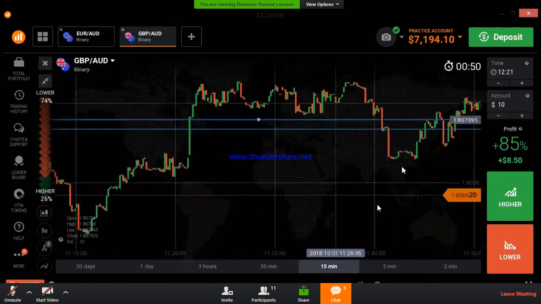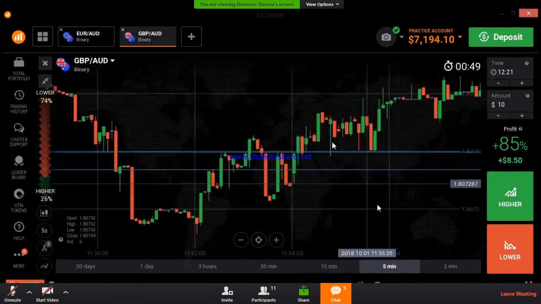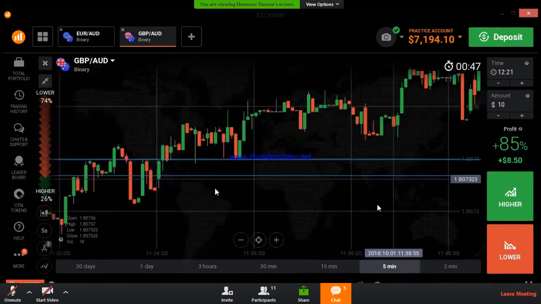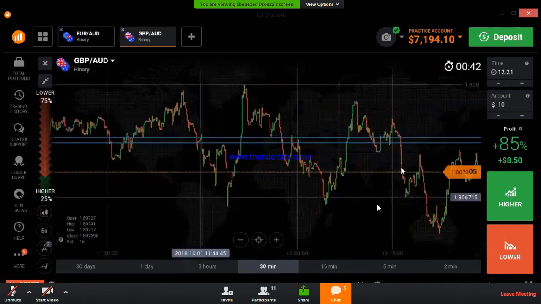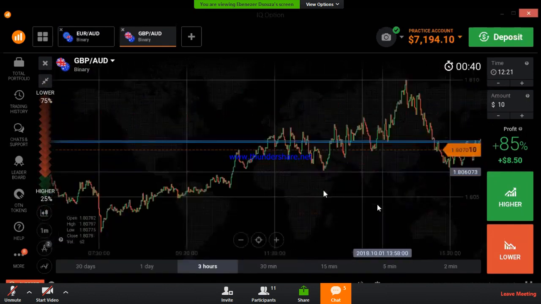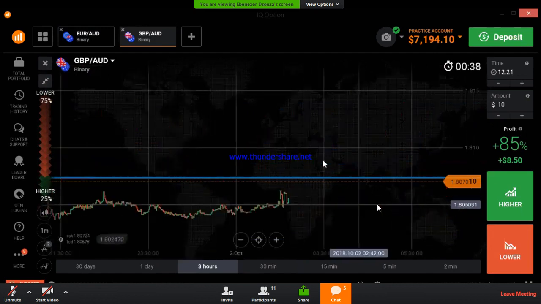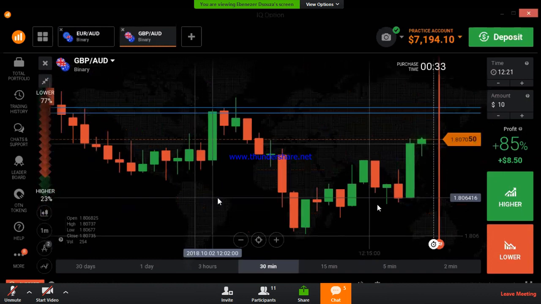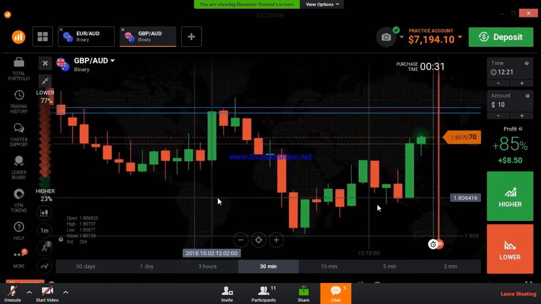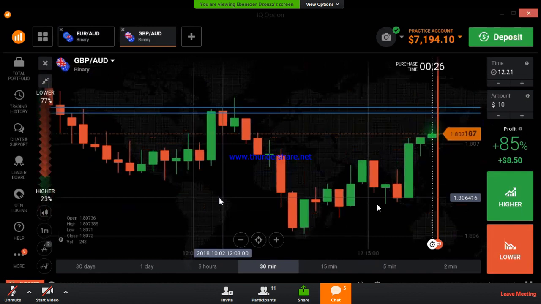When the market comes to this level, some sellers and buyers are entering because this is a very strong level. So always trade with confirmation. You can trade without confirmation, it's not a problem, but if you trade with confirmation, you will get a good winning ratio, because this is a strong level.